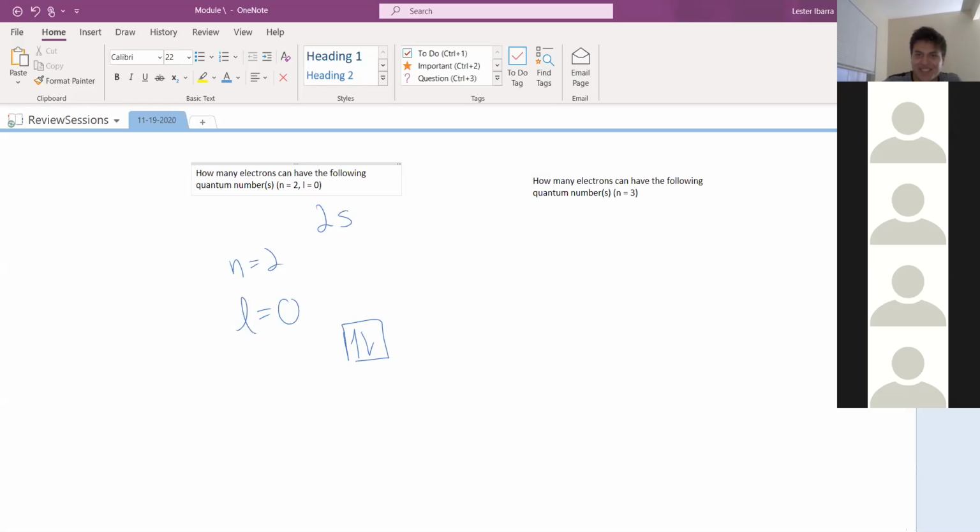Yeah, sorry, it took me a minute. So we have 3s, 3p, and 3d. Here we have 2 electrons at most, here we have 6, here we have 10. If we add it all up, we get 18 electrons.